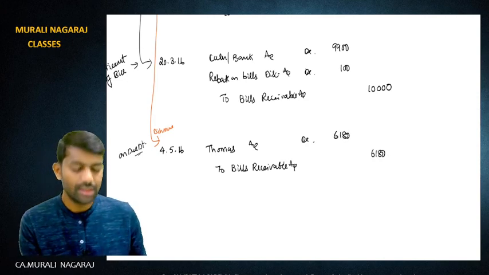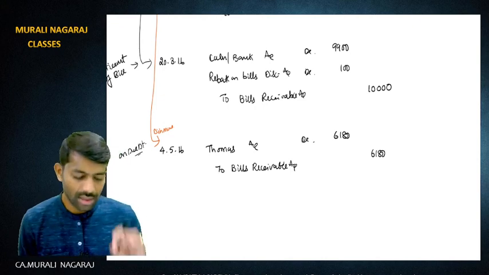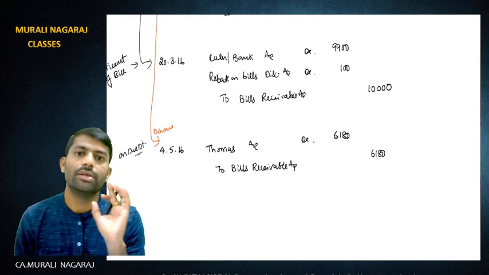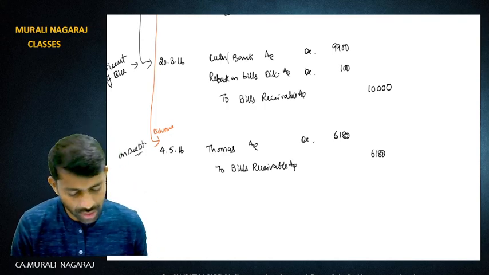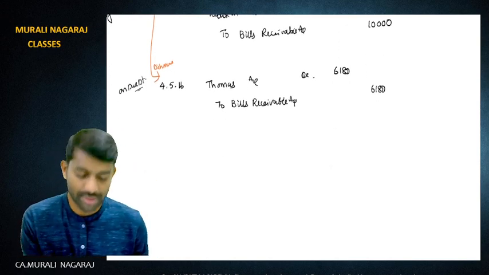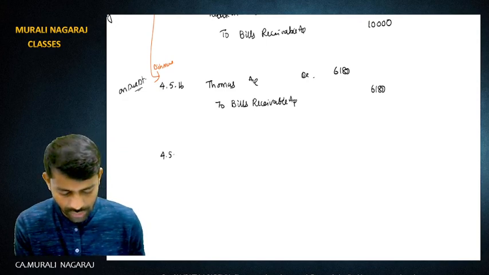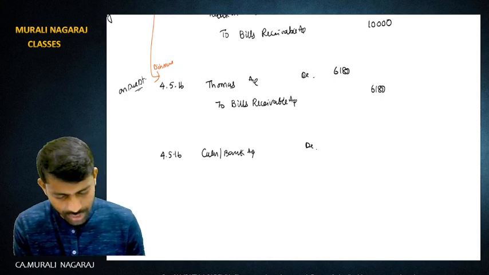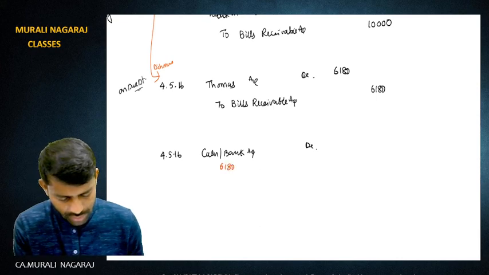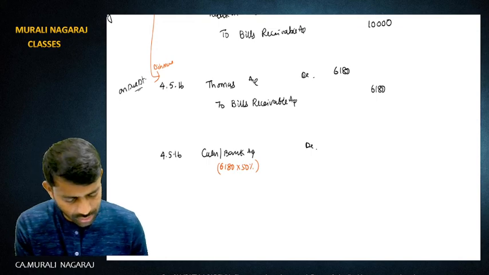Now look, that renewed bill is also cancelled. Thomas account has been redebited to the extent of 6,180, as if we were supposed to receive it. But how much did we receive? Only 50%. So on 4/5/16, the entry is cash or bank account debit 6,180 into 50%, so 3,090.